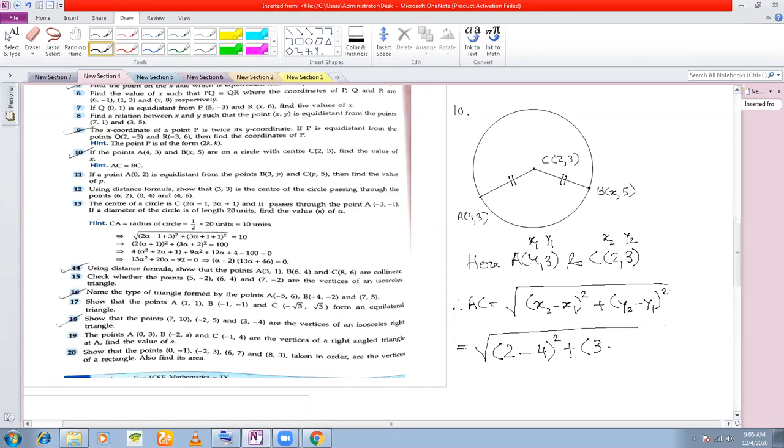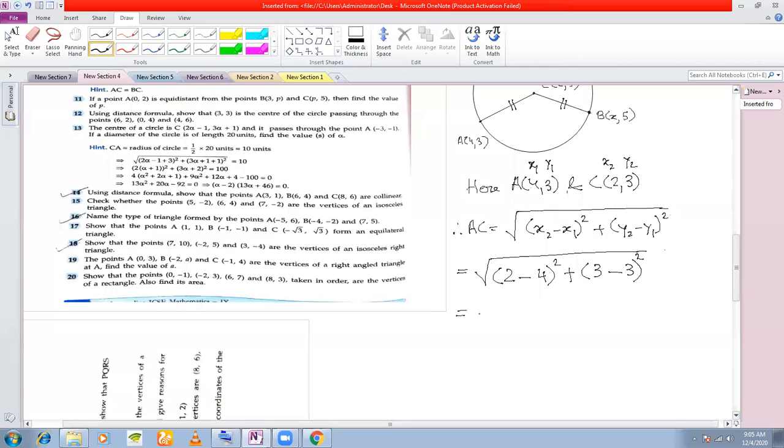Okay, this is your distance AC. How much does it come to? 2 minus 4 is minus 2, and this is 0, 0 square. So this comes to root over of 4, which is 2.